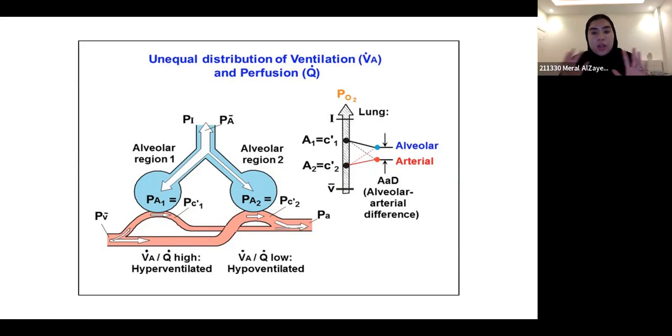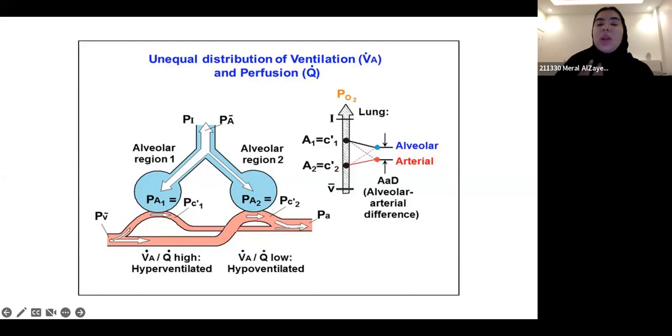Our body is still overall ventilated, so it will be closer to the most ventilated one. Does that make sense? Okay. And this is why we have the blue dot here and the red dot here.